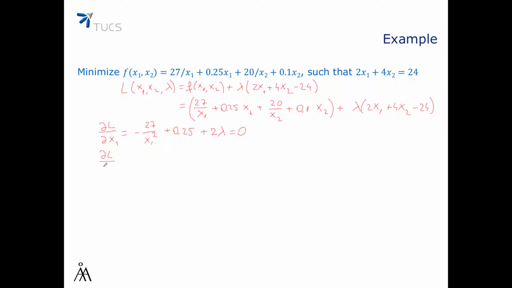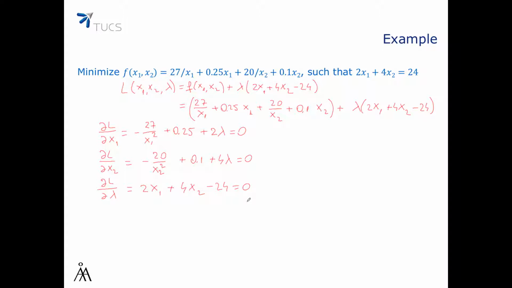The partial derivative of L with respect to x2 is minus 20 over x2 squared plus 0.1 plus 4 lambda, and we set this also to be 0. And the partial derivative of L with respect to lambda is 2x1 plus 4x2 minus 24, and we set this to be 0 as well.